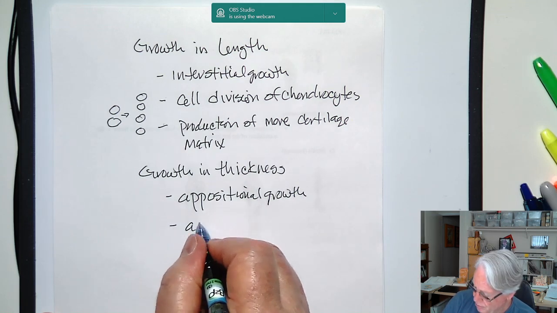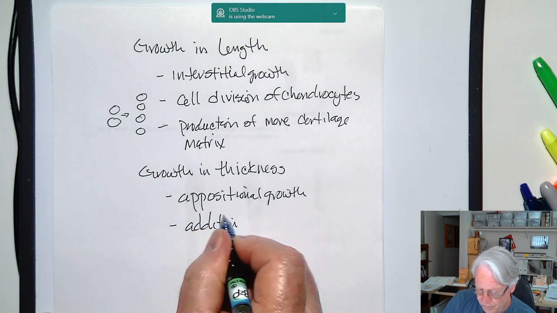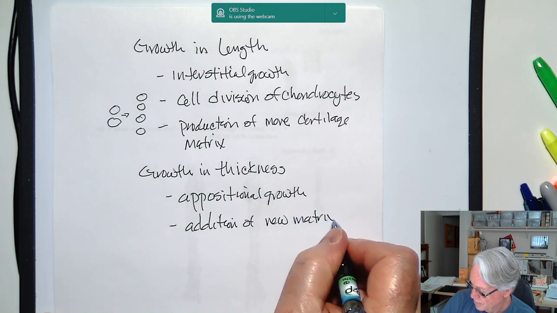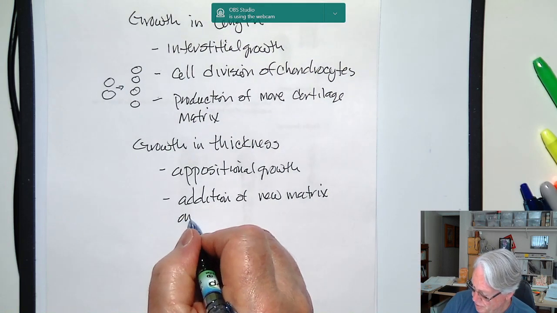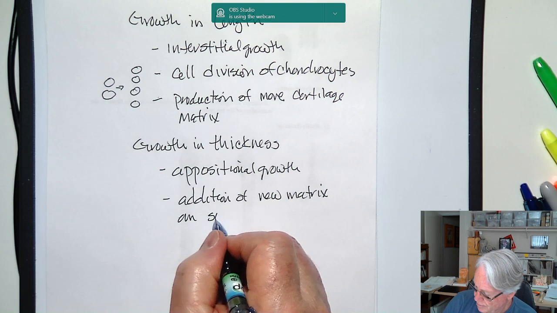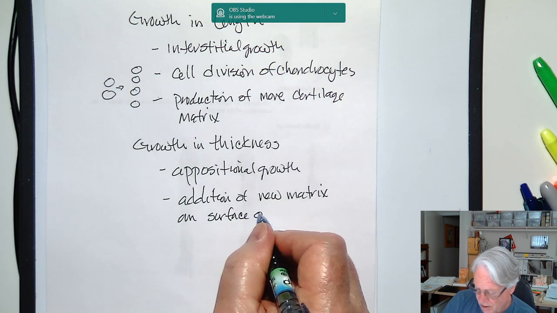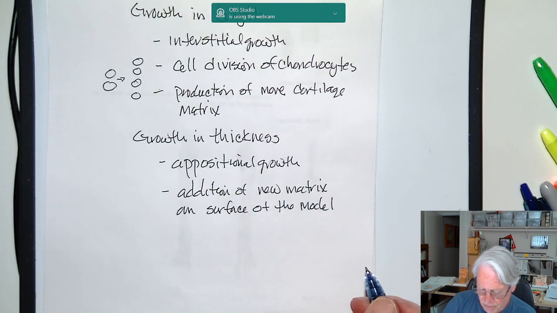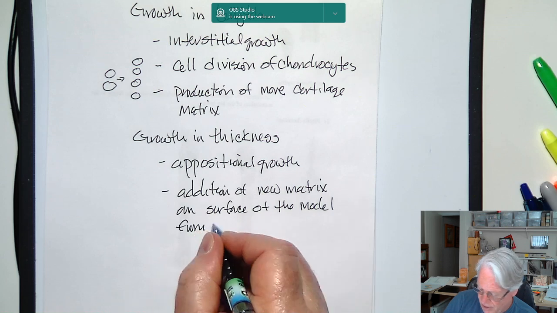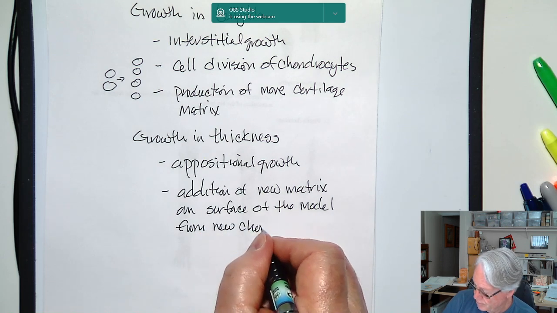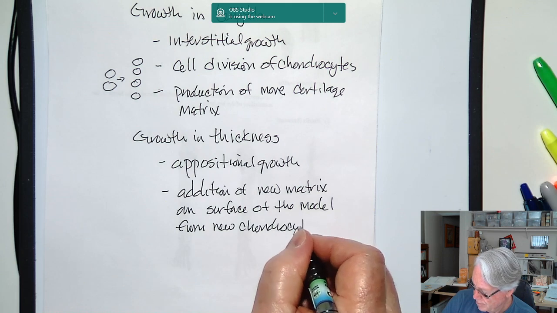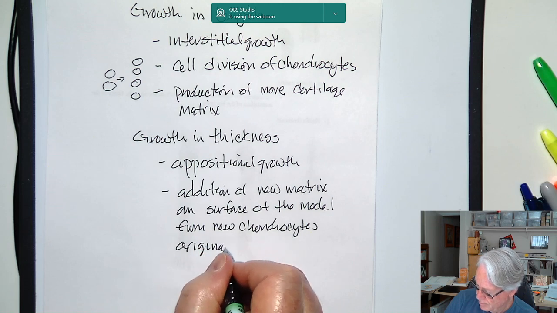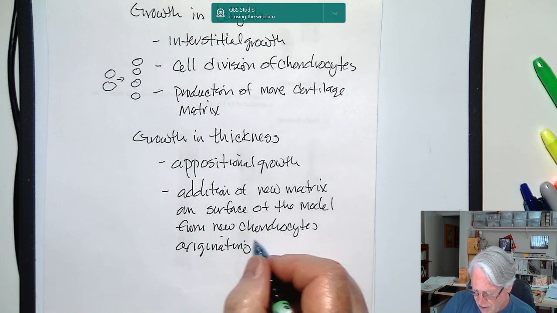And what we're going to do is we're going to grow through the addition of new matrix on the surface of the model, okay, from new chondrocytes originating from the perichondrium.